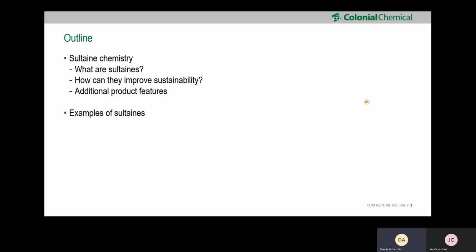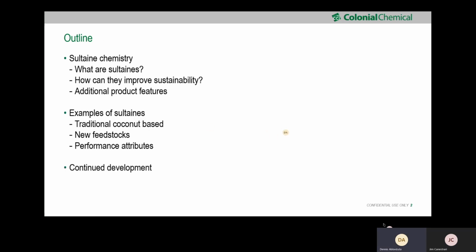We'll go through some commercial examples of Sultaines, including traditional coconut-based products, some newer feedstocks that are available for use to elicit some interesting new effects, and what the performance attributes of both the traditional and newer feedstocks look like.